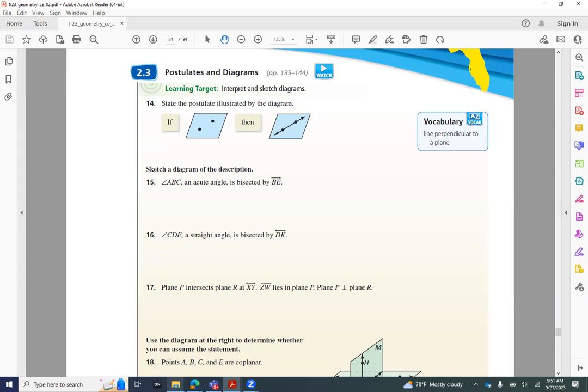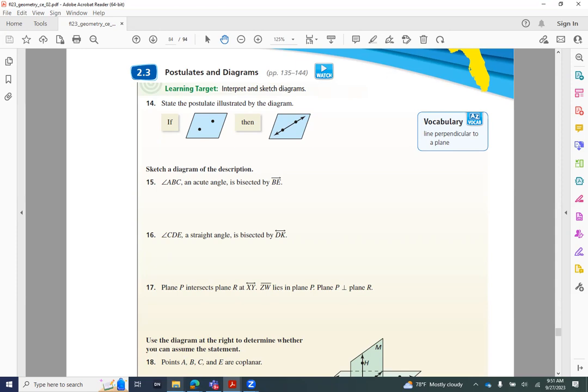So on the first one, they gave us a set of 2 points on a plane, then we have a line that goes through those 2 points. So again, the names for these are pretty straightforward. Let's say I didn't know my postulates and properties.